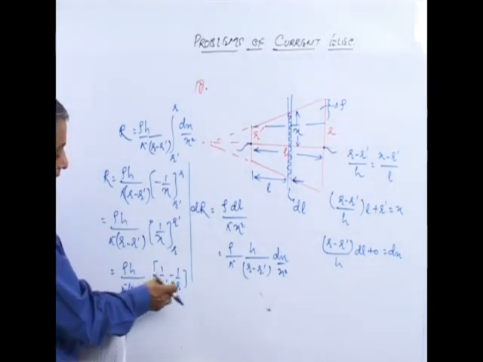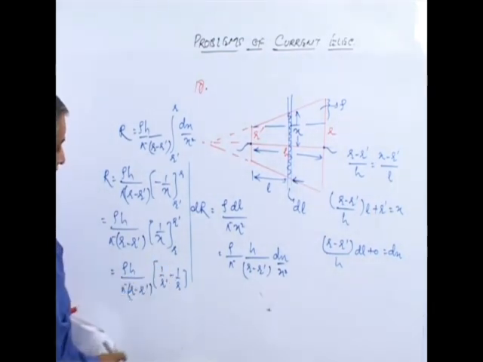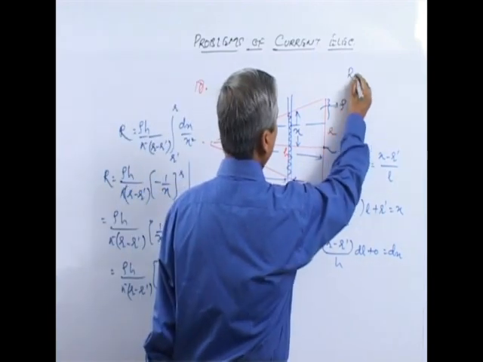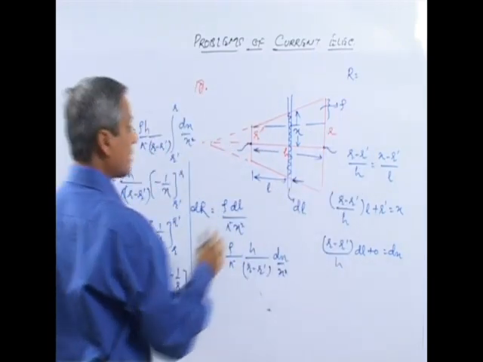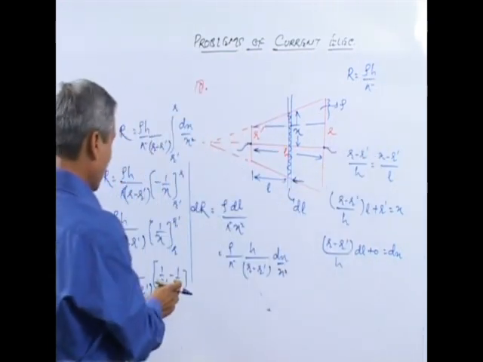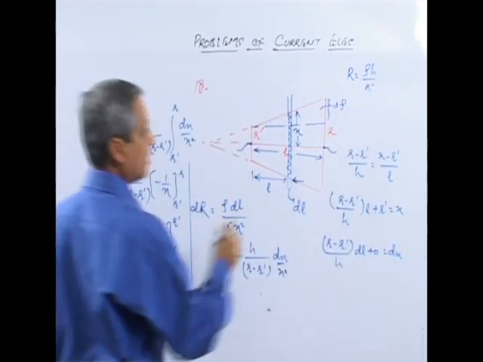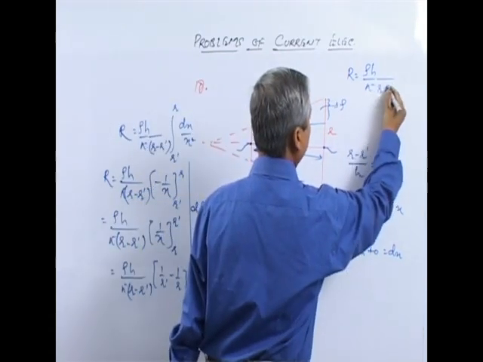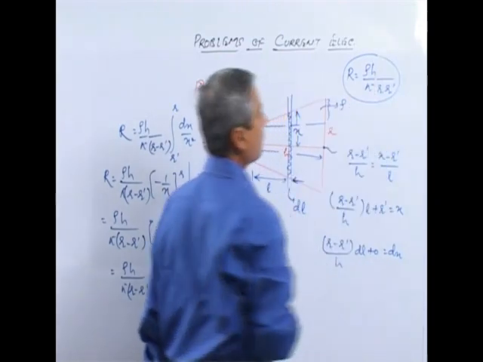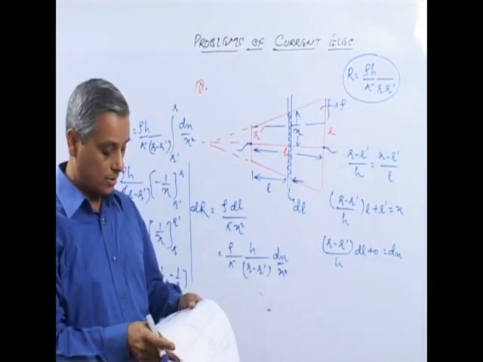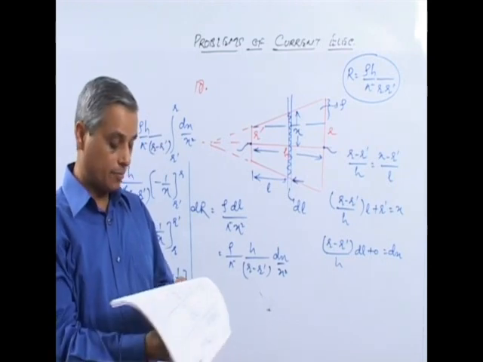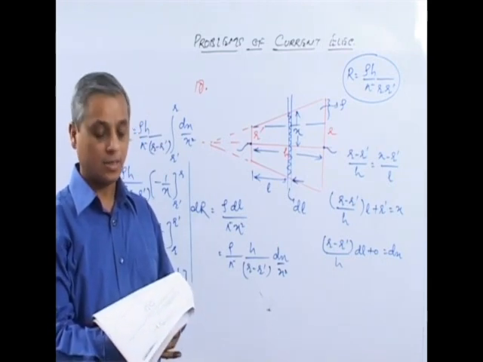Take the LCM, r minus r dash will be cancelled, and then finally we are left with R is equal to rho h divided by pi, and r minus r dash will be cancelled. So in the denominator the LCM that remains is just r dash. So that is the resistance of the truncated cone. The answer comes out to be C, rho h upon pi r dash.